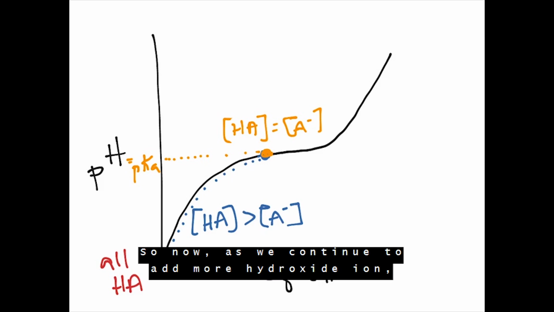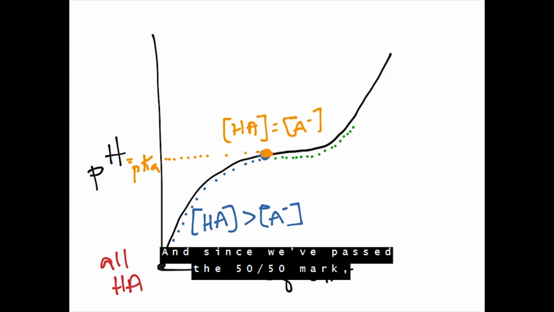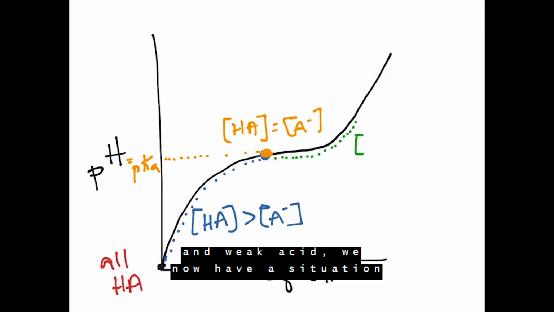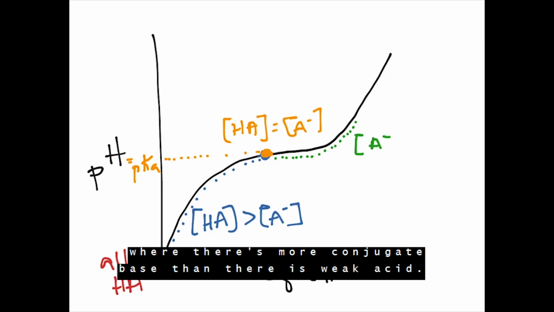So now, as we continue to add more hydroxide ion, we keep reacting that HA to yield even more A minus. And since we've passed the 50-50 mark where we have an equal distribution of conjugate base and weak acid, we now have a situation where there's more conjugate base than there is weak acid.